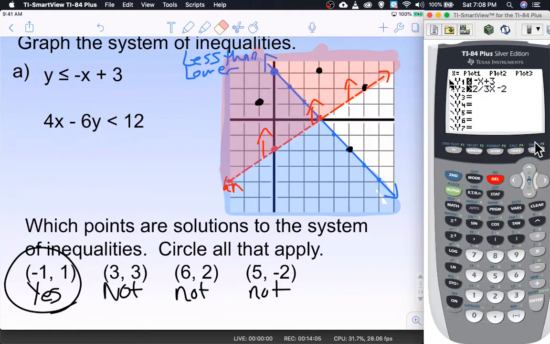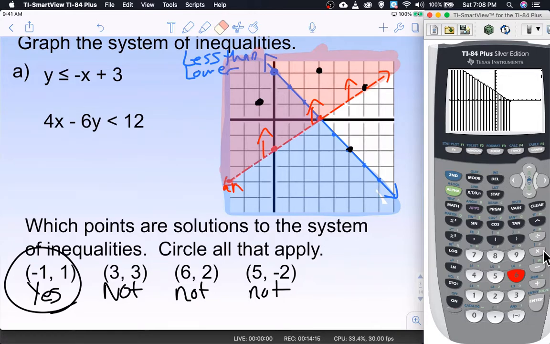Delete. And also we're going to do a zoom standard because my zoom was a little wonky. Let's try this again. And it might be quicker now. Interesting. First off, it's frozen. That's awesome.